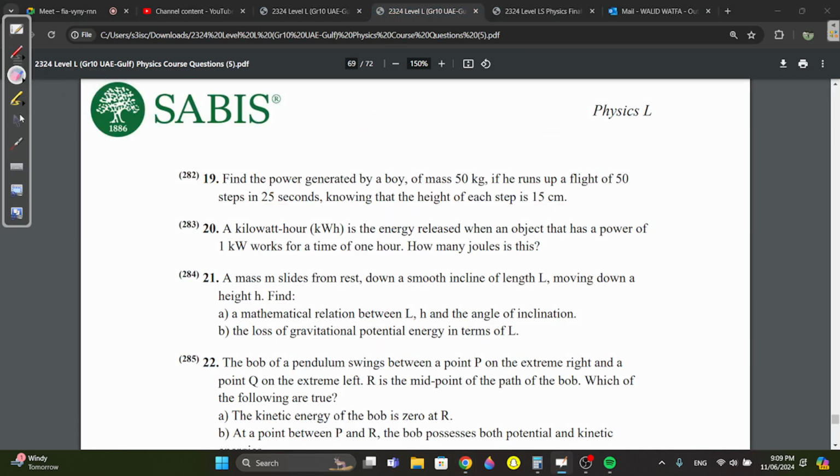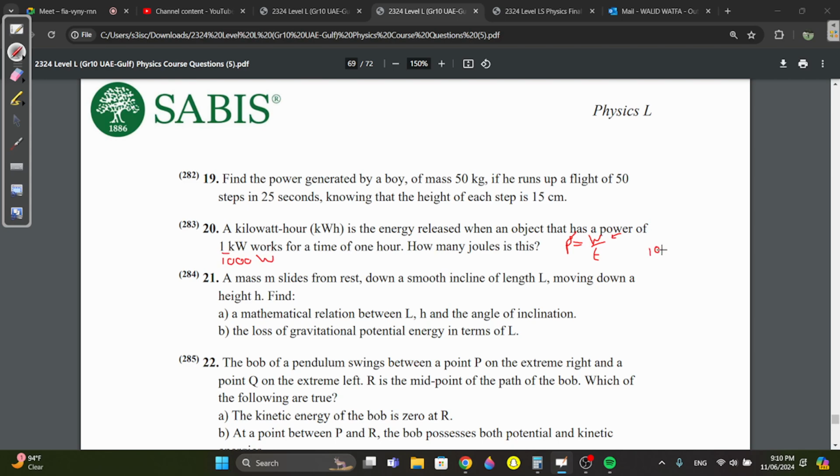Question 20. A kilowatt hour is the energy released when an object that has a power of 1 kilowatt works for a time of 1 hour. How many joules is this? We know power equals work divided by time, so can we find the work? Power is 1 kilowatt, which is 1000 watts. We can't work with kilo.